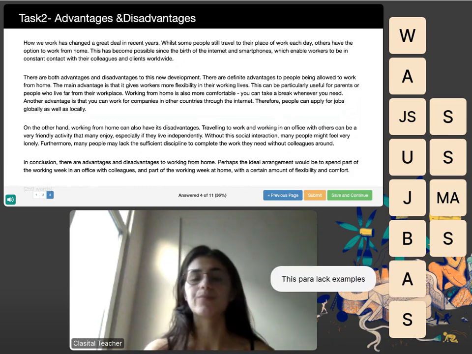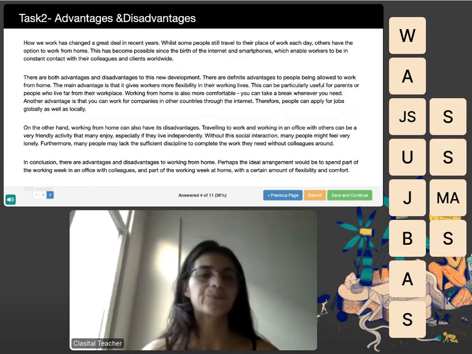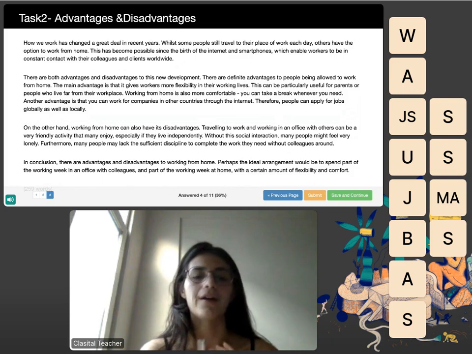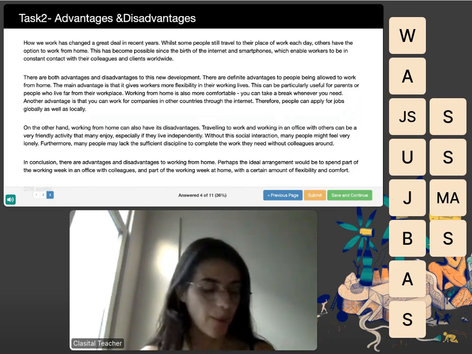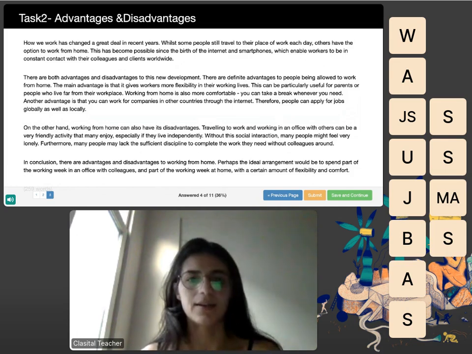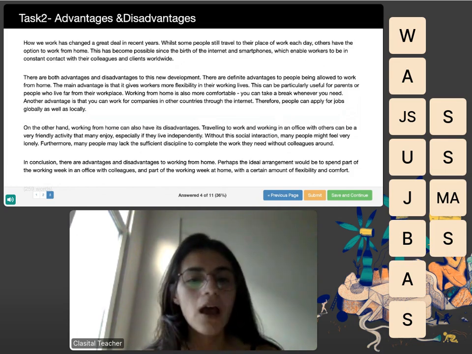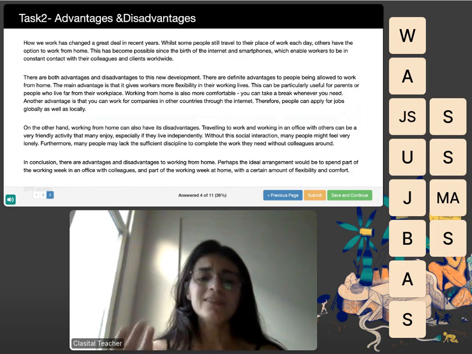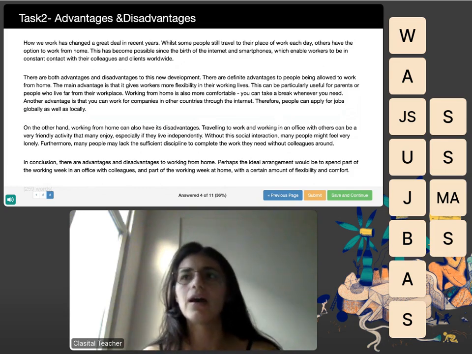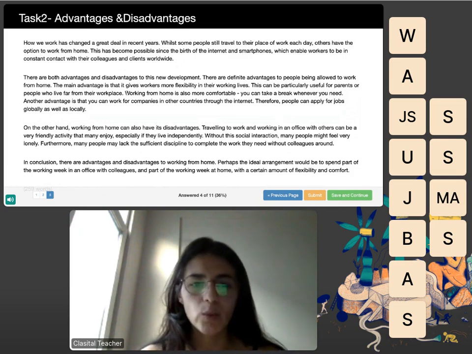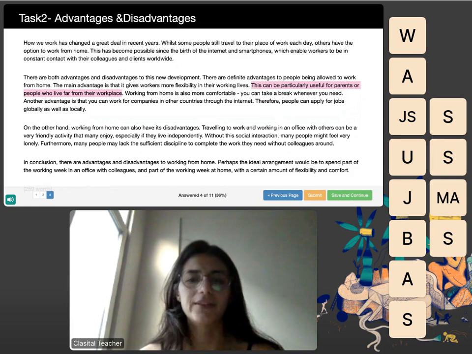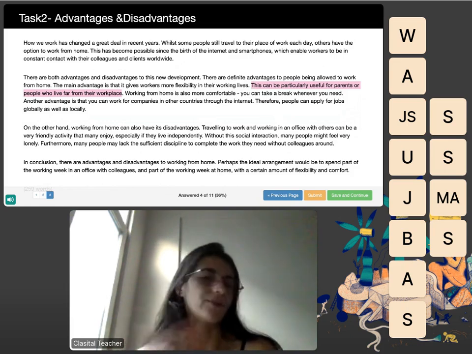What about the grammar, the vocabulary, or coherence, let's say? This paragraph lacks examples, Ansa says in the comments. So yes, I would give more detailed examples. For example, even this one is a detailed example, right? Because this sentence talks about one particular instance, so it's an example.